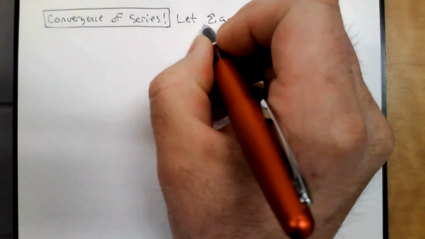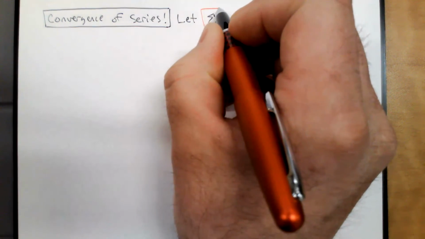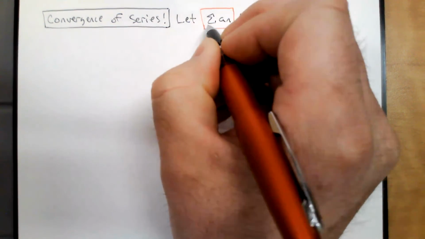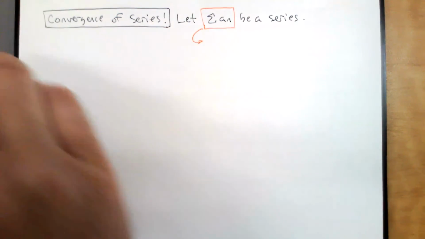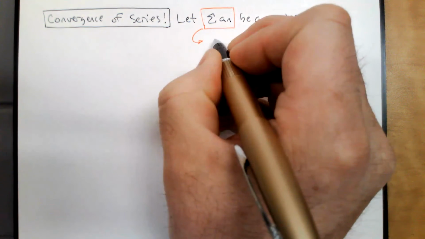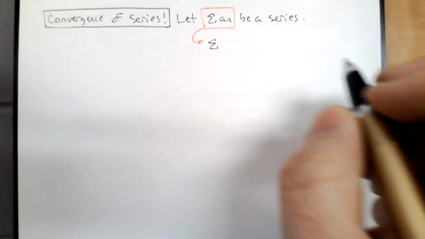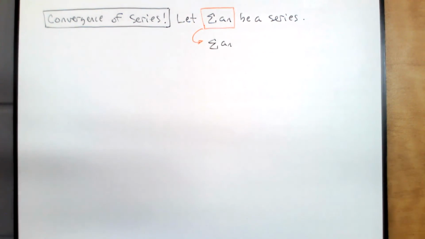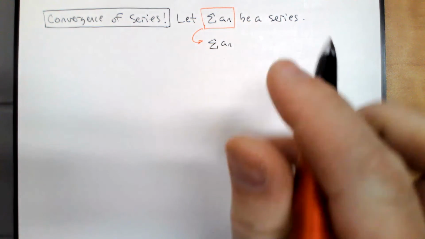When you just write sigma AN, we're going to read this as an infinite series, going to infinity.